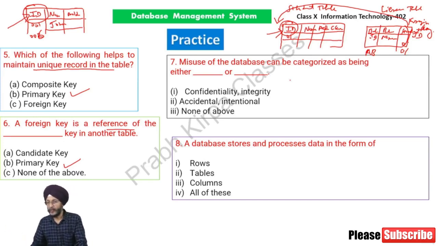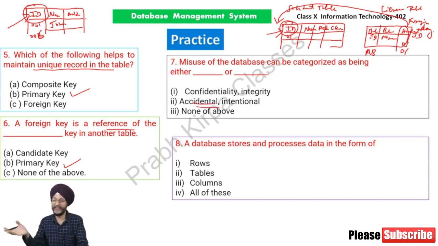Through an oversight, we have sent the email to a wrong address, and that person has misused the data. So it can be classified as misuse of database. Since it happened through an oversight, it is called accidental misuse of database.